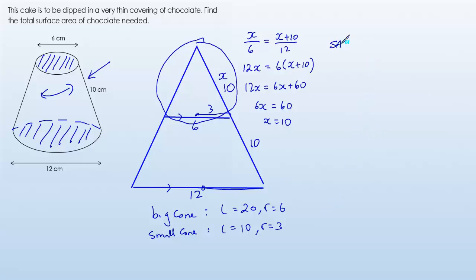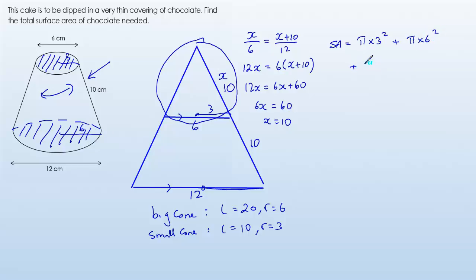So the surface area that we need to paint is made up of the small circle at the top with a radius of 3, so that's pi multiplied by 3 squared, and also pi times 6 squared for the circle at the bottom.